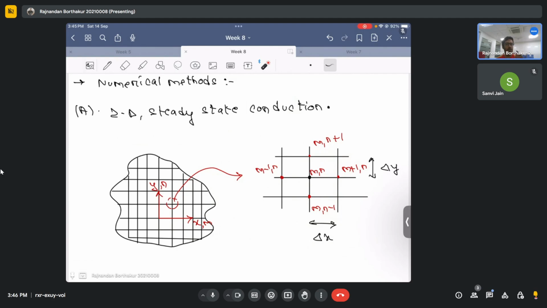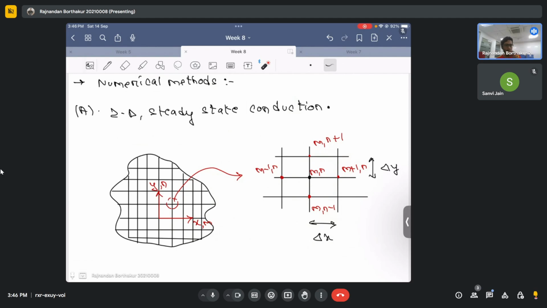So there is a method which is easy, of course, and although it is approximate, it is very powerful. These kinds of methods are known as numerical solutions.